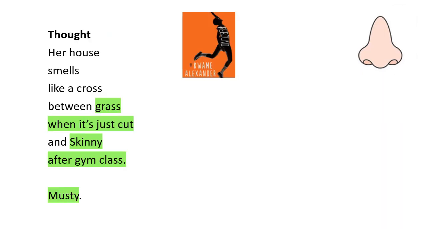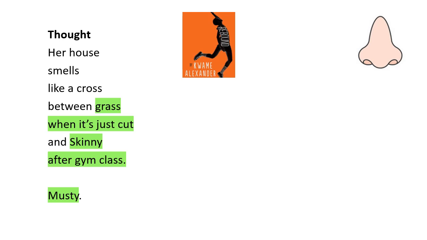Smells are a little harder because it's hard to describe smells. They can be smoky or sweet or pungent or musty, like Charlie thought Mrs. Wilson's house smelled. Her house smells like a cross between grass when it's just cut and stinky socks after gym class. Musty.